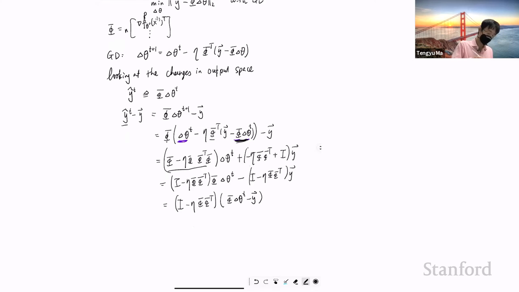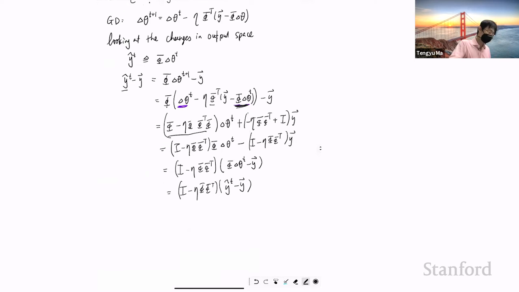All of these are basically just a standard calculation. I think if you take some version of a linear regression course, then probably you have seen this. So that's the update. That's the recursion for the residual of the output.